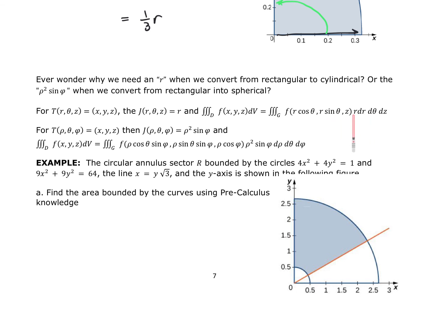That's where the r comes from. And for rho, theta, and phi into x, y, z, my Jacobian ends up becoming rho squared sine phi. And so that's how come we have to have rho squared sine phi d rho d theta d phi, which is kind of cool.